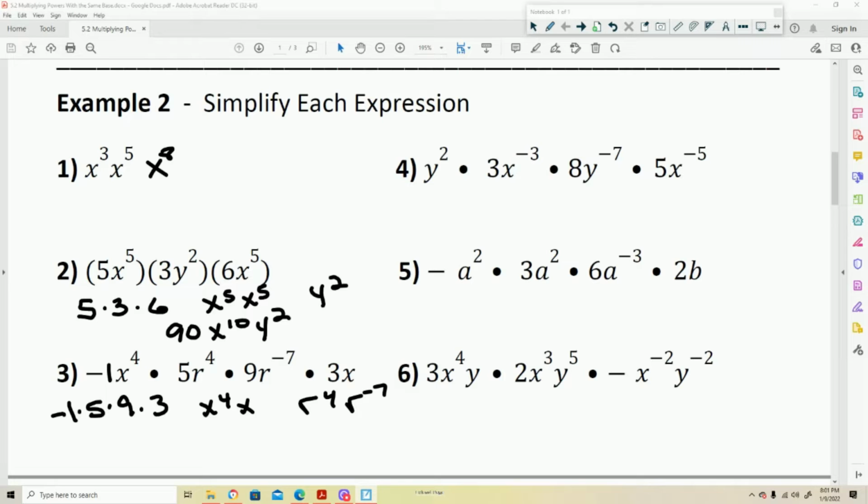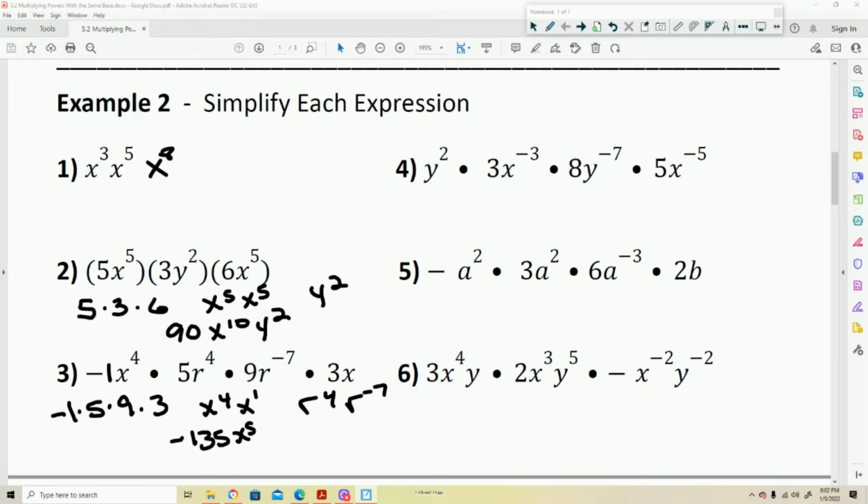Okay, so we are going to be multiplying, let's see, we get 45, 45 times 3, that should be 135, and that's a negative 135. We're going to multiply those together and get that. Now x^4 times x is really x^4 times x^1, which is x^5. And then r^4 times r^-7 is r^-3.